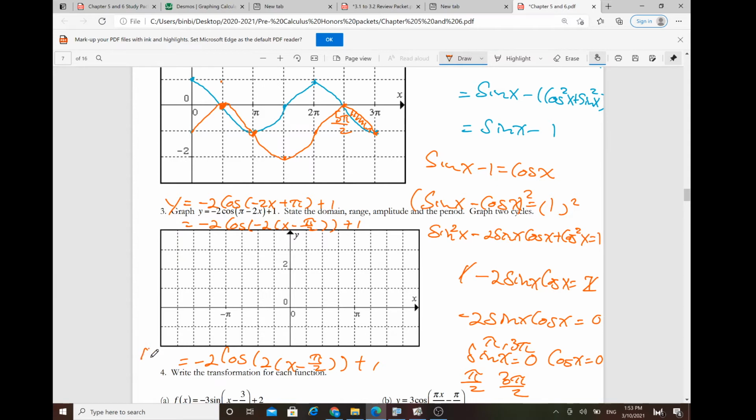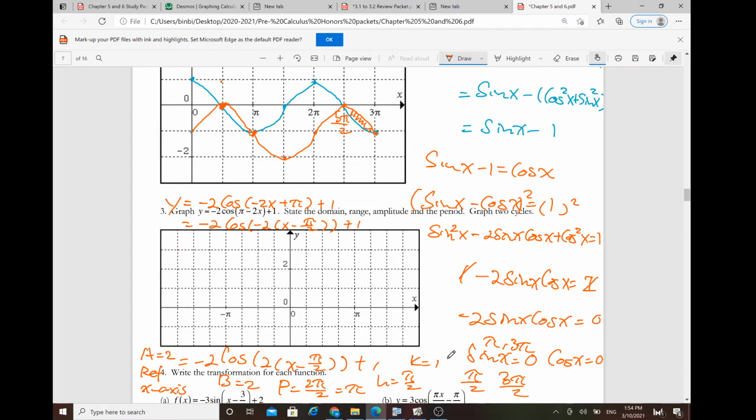So a is 2, shows the reflection over the x-axis. And then the value of b is 2, so period, 2 pi over 2, which is pi. And then the horizontal phase shift is what? Pi over 2. And then k, which is what? 1.